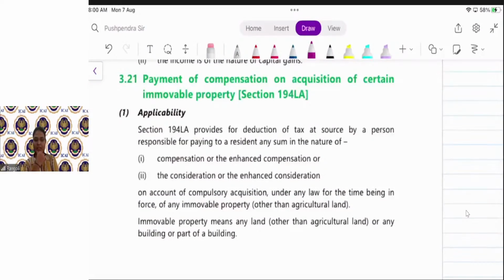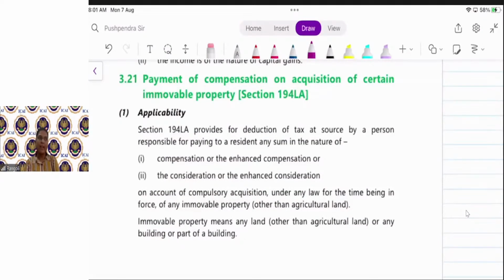Next is section 194LA, that is payment of compensation on acquisition of certain immovable property. See, when we discussed section 194IA, that is payment on transfer of immovable property, we studied that if the stamp duty value or the consideration, whichever is higher, is more than 50 lakh rupees, then the payer is required to deduct TDS under section 194IA at the rate of 1%, right?